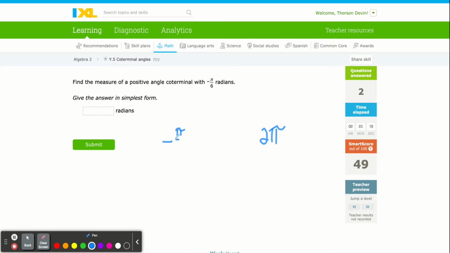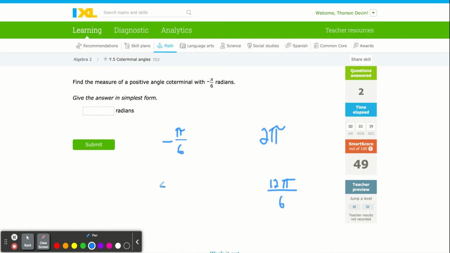Now the best way to do this, since most radians are written in fraction form, is to write 2 pi not as 2 pi, but as 12 pi sixths, because then I have a common denominator. So I'm going to start adding and subtracting 12 pi sixths to negative pi sixths.